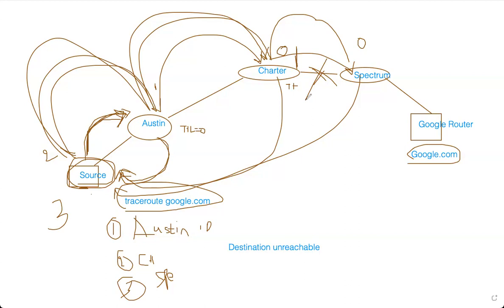As a network engineer, you have to do the traceroute from his PC or from his network, whatever the VLAN that he is in. You have to make sure there is no issue with devices and routing, and make sure the traceroute is working as well to understand the better path. Okay, so that is how we can understand if there is a network problem in the routing or not. Is that clear?